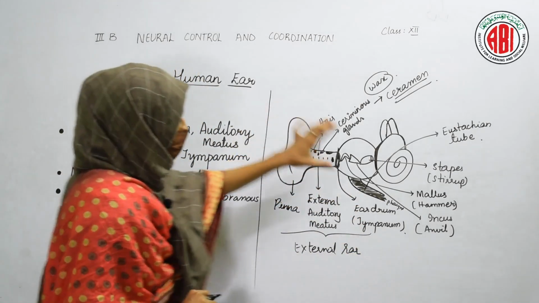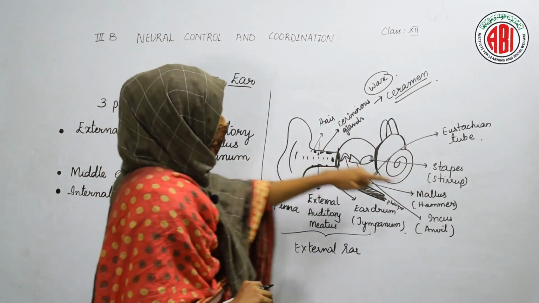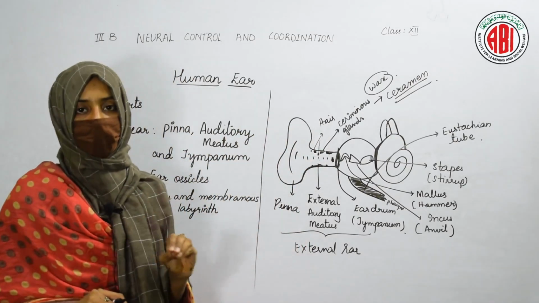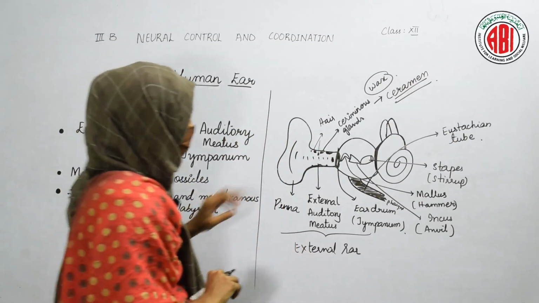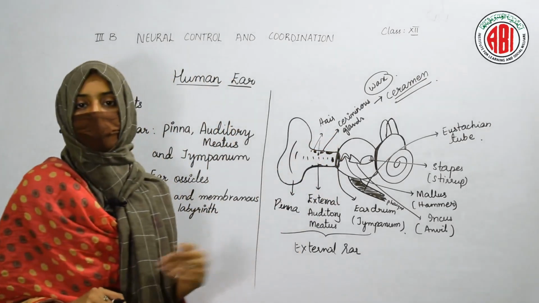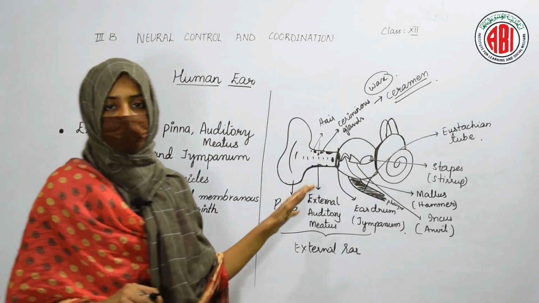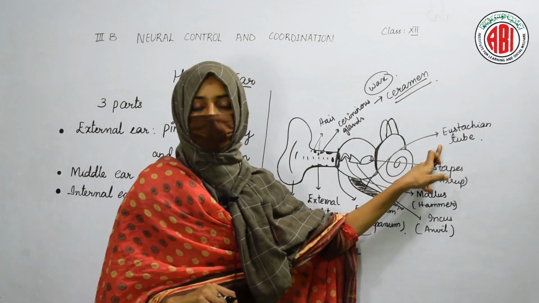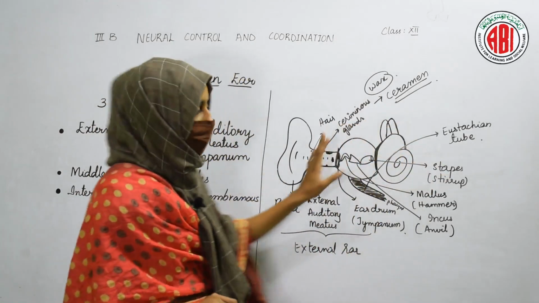So here, external ear shows you the pinna, external auditory meatus, and eardrum, which is also termed tympanum. Middle ear shows the three main bones in it: malleus, incus and stapes. Stapes is the smallest bone found in the human body. Middle ear shows the extension of one tube, the eustachian tube, which opens into the pharynx.